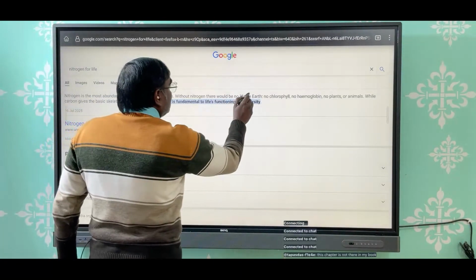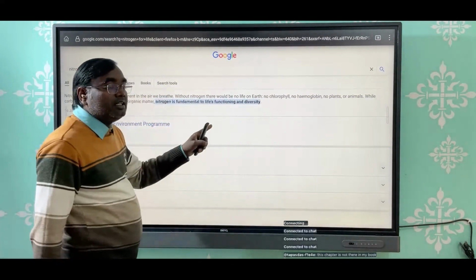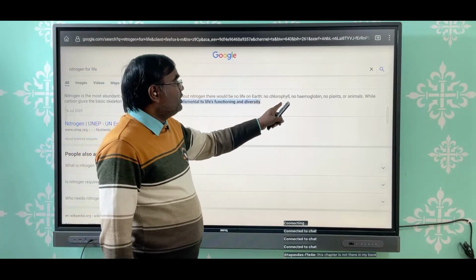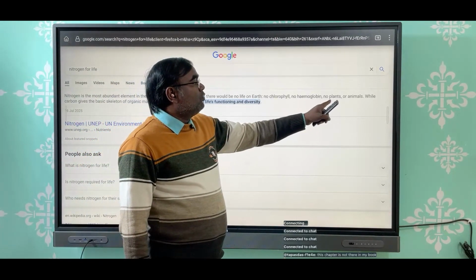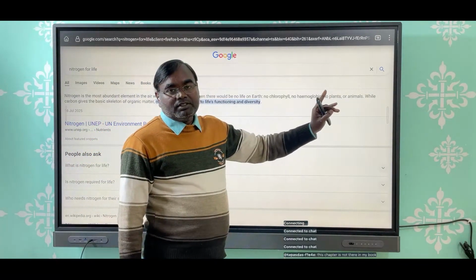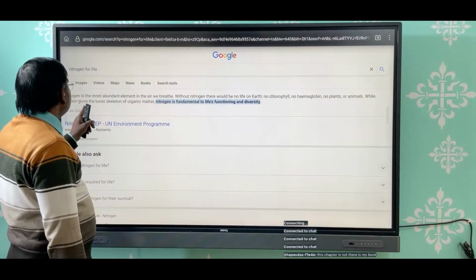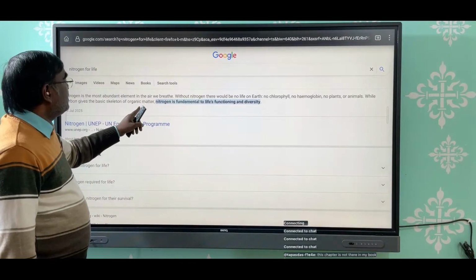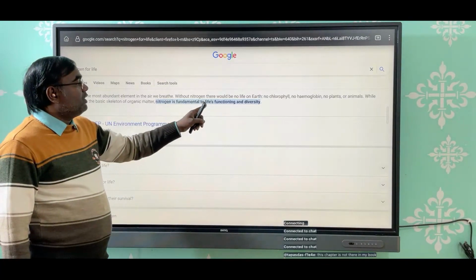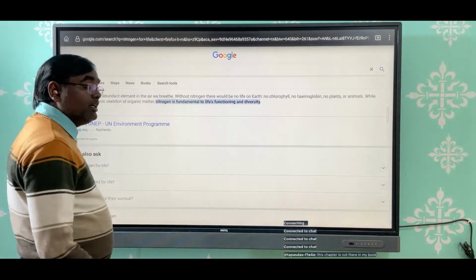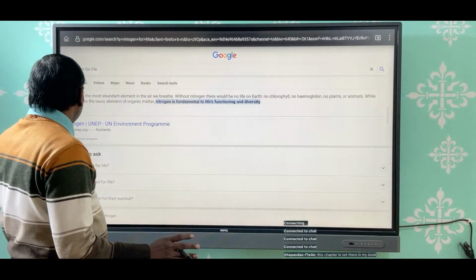Without nitrogen, there would be no life on the earth. Find it. Without nitrogen, there would be no chlorophyll, no hemoglobin, no plants or animals. While carbon gives the basic skeleton of organic matter, nitrogen is fundamental to life's functioning and diversity.